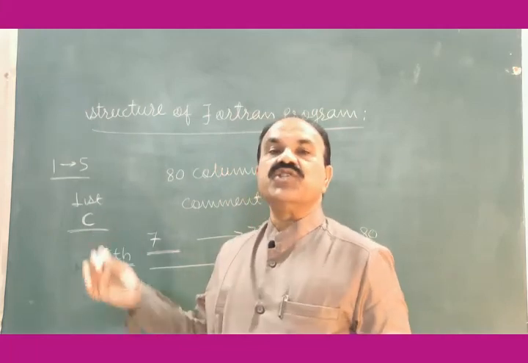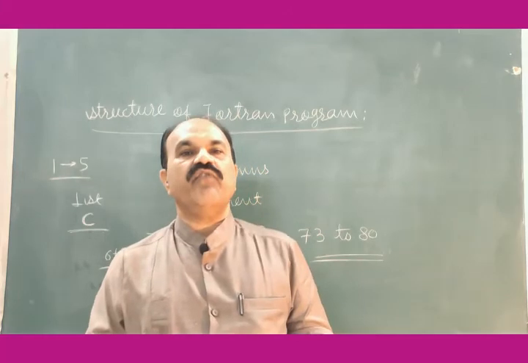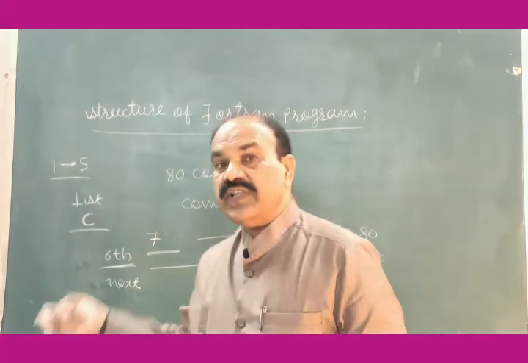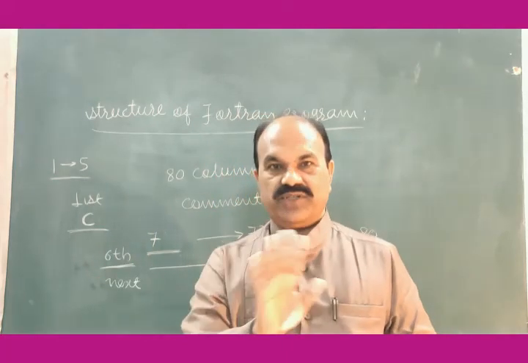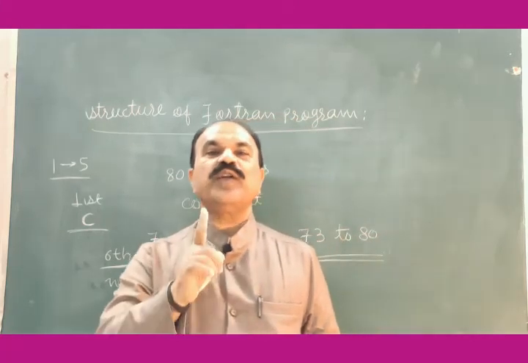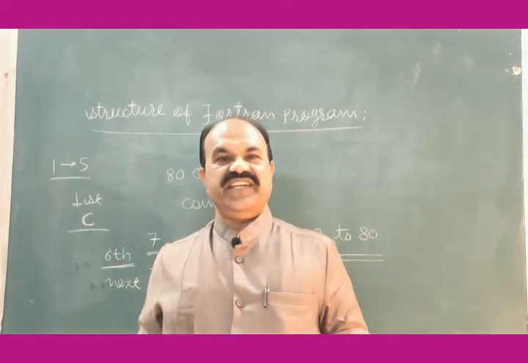This is a short idea of the structure of a Fortran program, obviously on the coding sheet only, not on the computer. This is the structure of a Fortran program on the Fortran coding sheet.